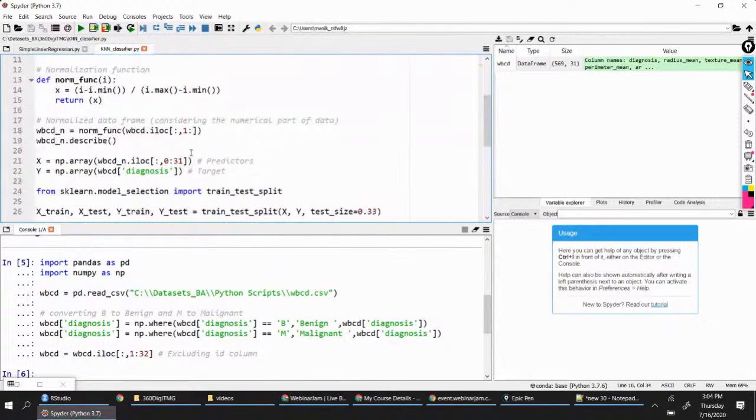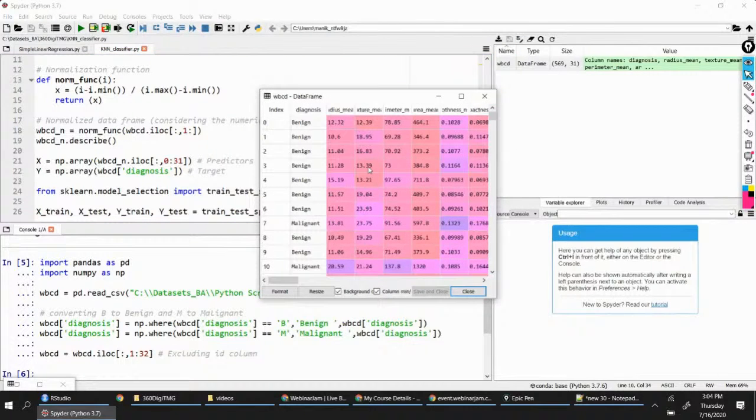Then the data that we have captured here is not normalized. It has different values, right? Different diagnosis values and different sets of values here. So the range is changing. And ultimately we are measuring distances in KNN, right?